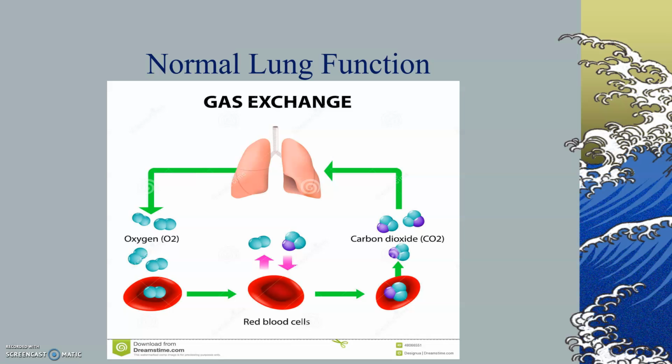So whereas the CO2 levels in the blood are mostly dependent on ventilation, the oxygen levels in the blood are dependent on several things: on ventilation, on the concentration of oxygen in the inspired air, and on the ability of the lungs to exchange gases. As we will see, all of these things are important when we are discussing respiratory failure.